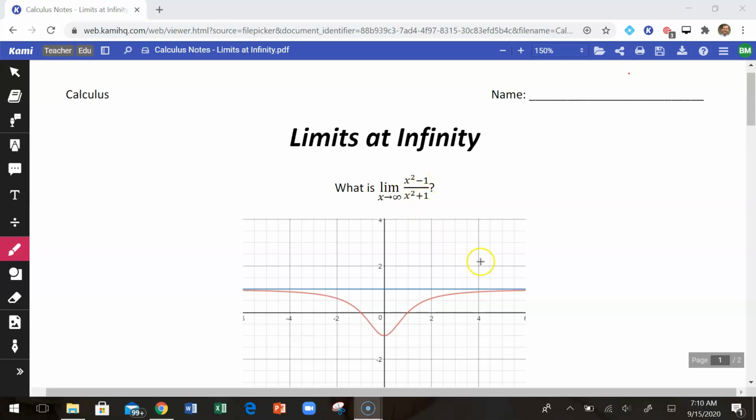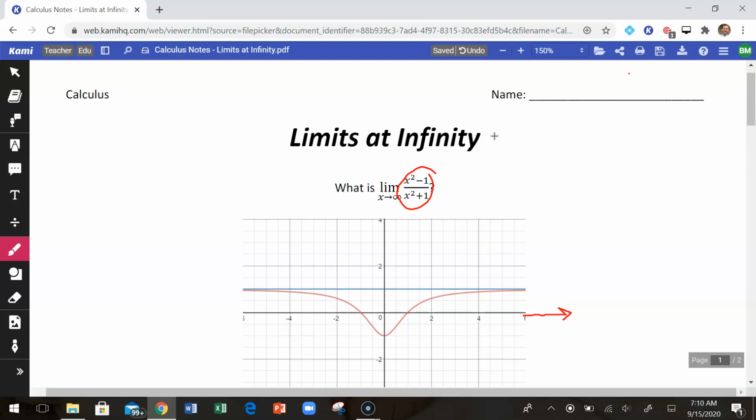So the question here is, what is the limit as x approaches infinity of x squared minus 1 over x squared plus 1? And I have that graphed. If I graph x squared minus 1 over x squared plus 1, that is the red graph down here. What I want you to see is as your x's go towards infinity, now we're only seeing from negative 6 to 6, but if I were to continue to make these x's go towards infinity, are my y values leveling off somewhere?